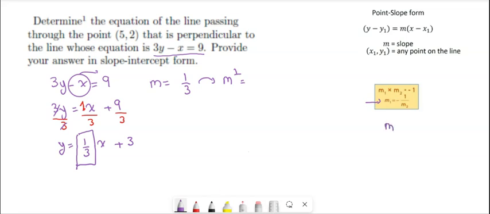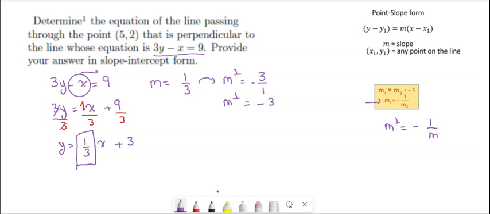So in other words, the m perpendicular that I'm looking for is gonna be minus 1 over m. In this case, the reciprocal of 1/3 is gonna be 3 over 1, and the opposite sign is going to be a minus sign. So that's equivalent to saying m perpendicular equals minus 3.